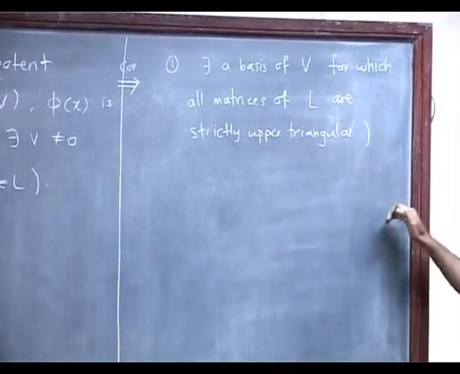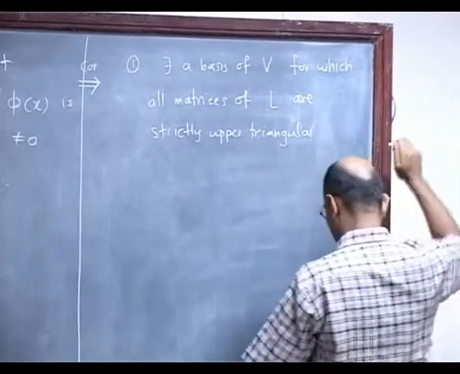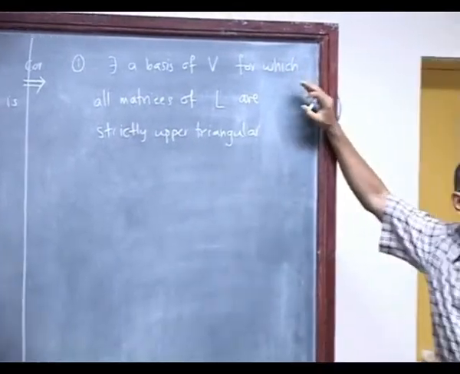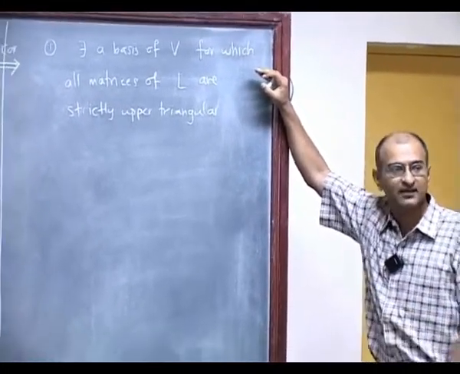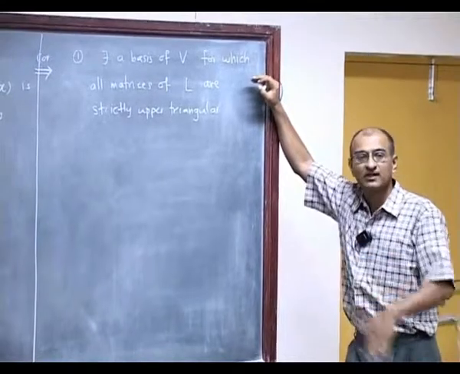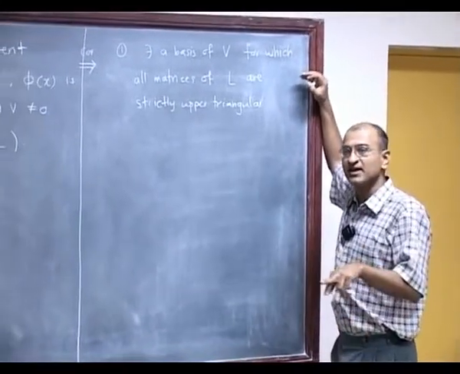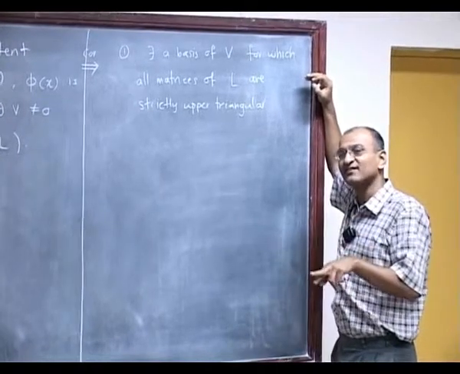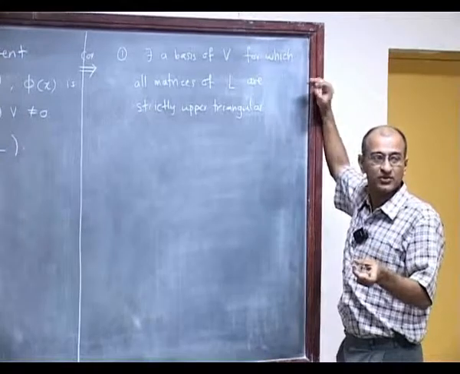Is this clear how to do? You just keep doing it again and again. You first find your common eigenvector, then you go modulo that. There is an induced action, because since it's a common eigenvector, the linear span of that line is stable, so you can take the quotient.